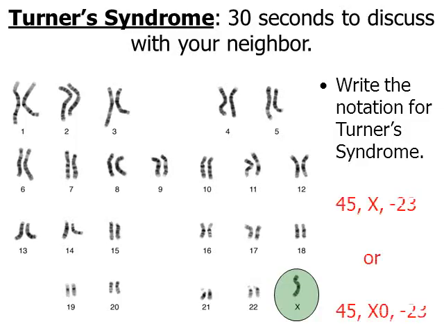So I hope you wrote this for the notation. 45 means they have 45 total chromosomes. You could either do a single X like you see on top or an X with a 0 like you see on the bottom. And then the last thing is, again, what's missing or what's extra. In this case, they're missing a chromosome 23, so minus 23.